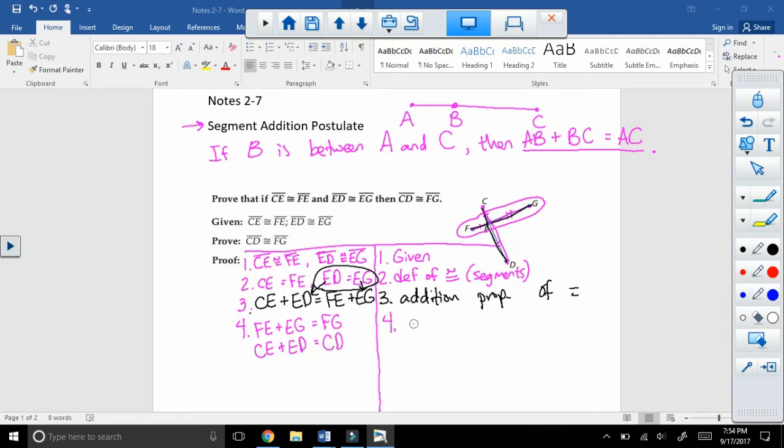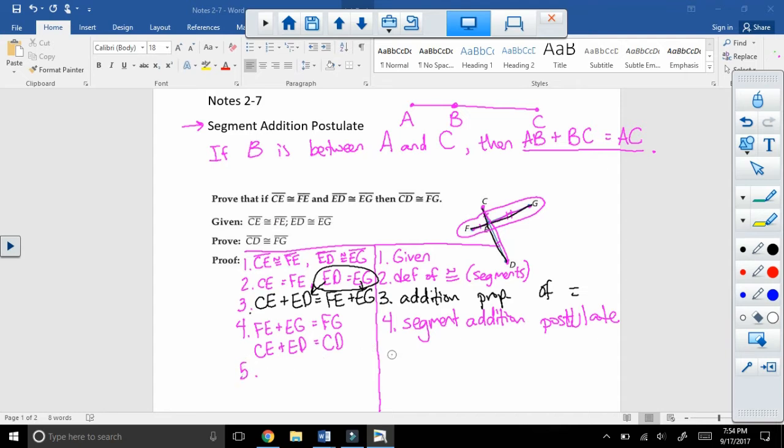And both of these are illustrations of the segment addition postulate. If you want to call it step number 4 and step number 5, you can. Or if you just want to put it together like this, you can do that also.